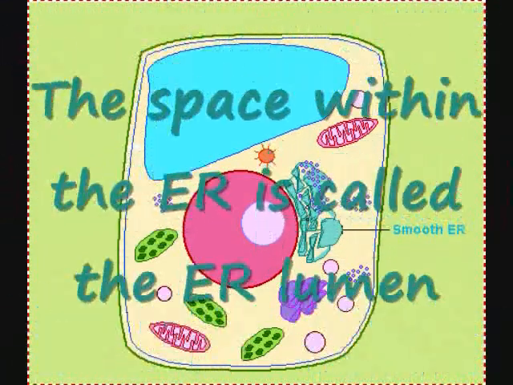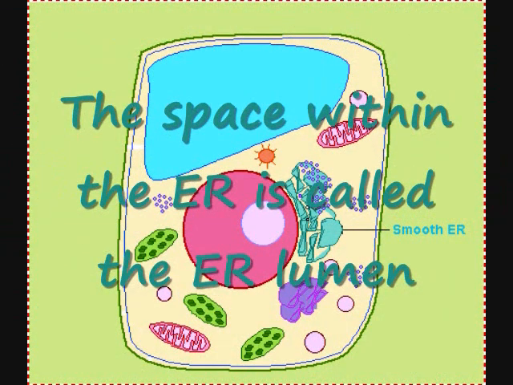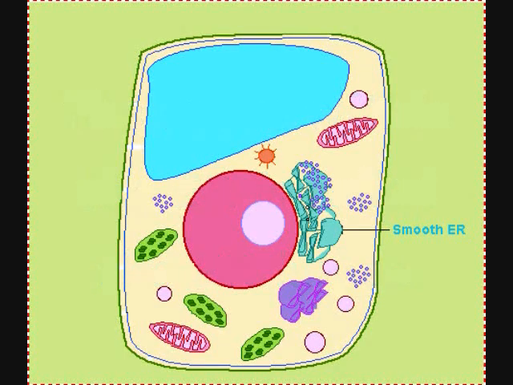The ER is continuous with the outer nuclear membrane. The space within the ER is called the ER lumen. Smooth ER transports materials through the cell. It contains enzymes and produces and digests lipids and fats and membrane proteins.